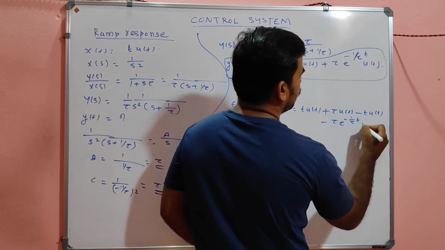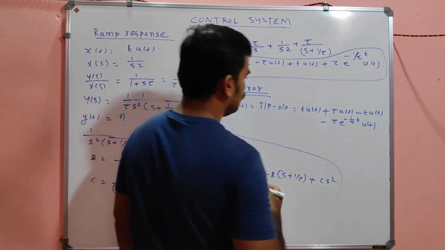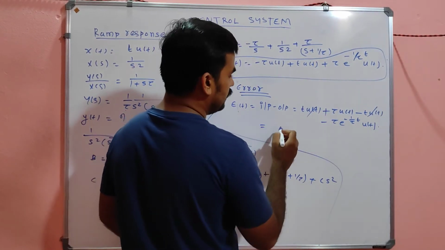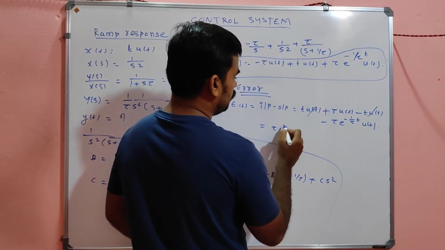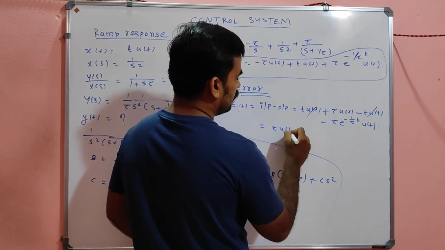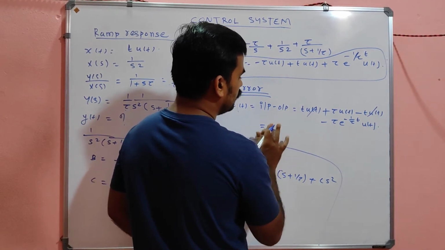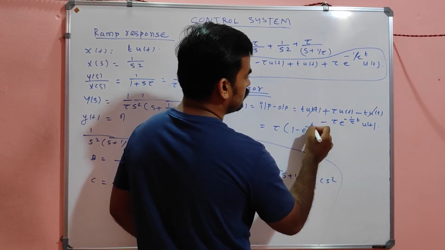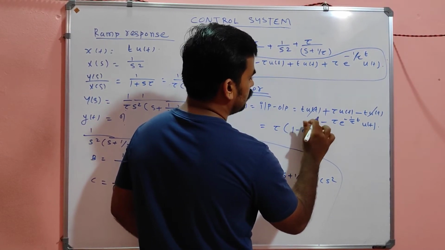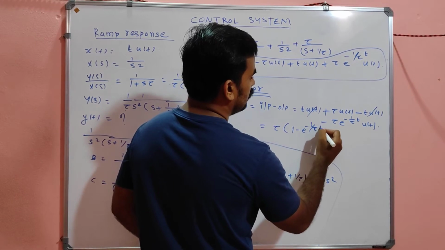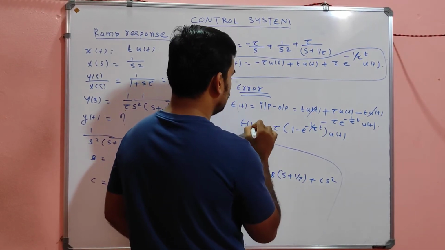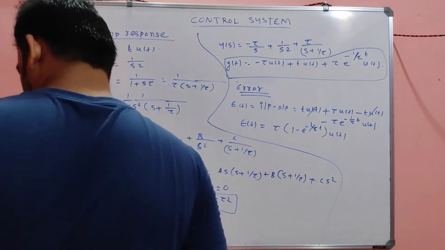So t u of t and t u of t cancel, and we get tau into 1 minus e raised to minus t by tau, that is called e of t.